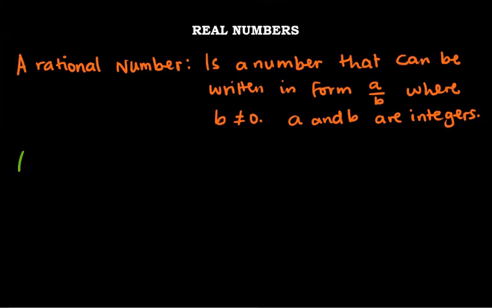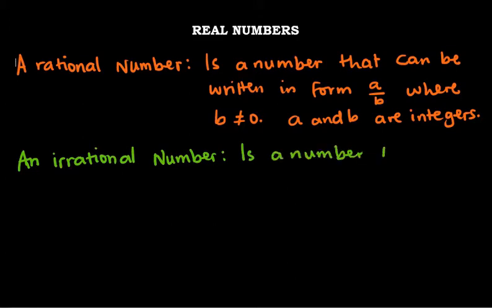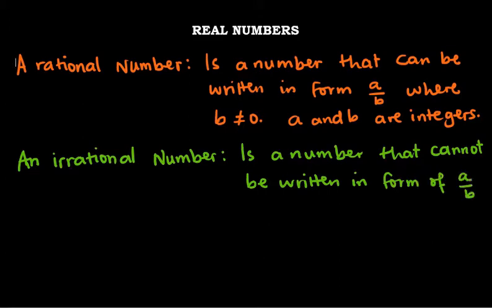So we say that an irrational number is that number that cannot be written in form of A out of B, where B is not equal to 0 and A and B are integers.